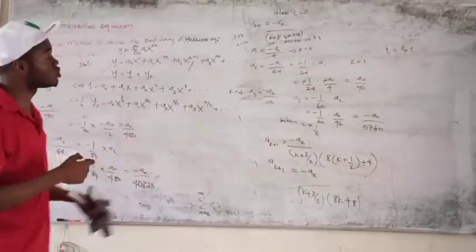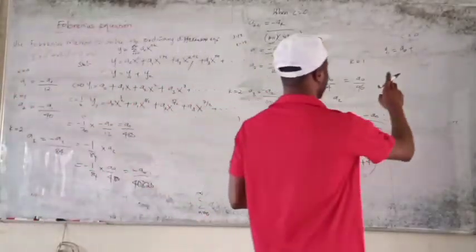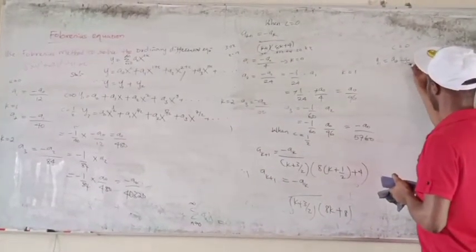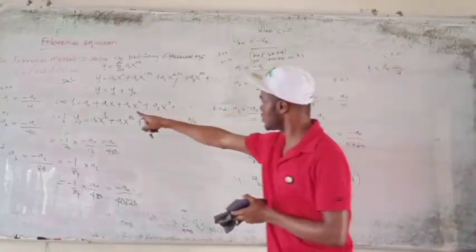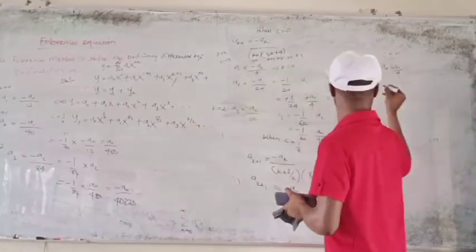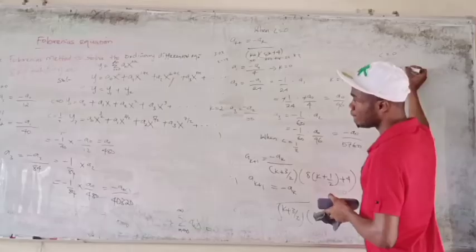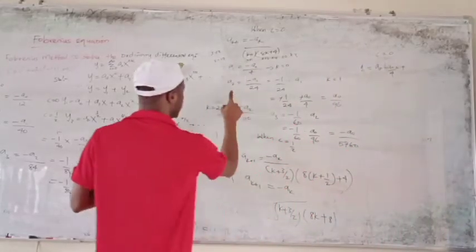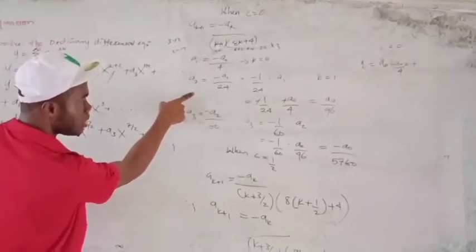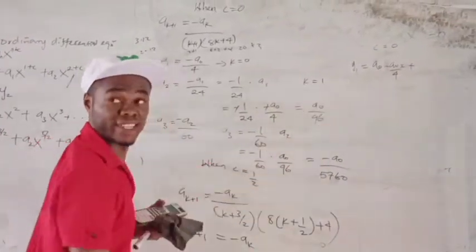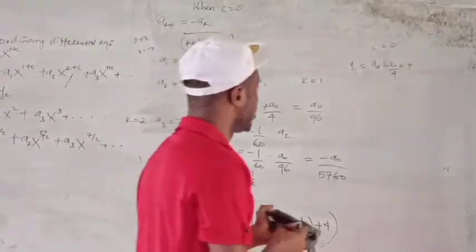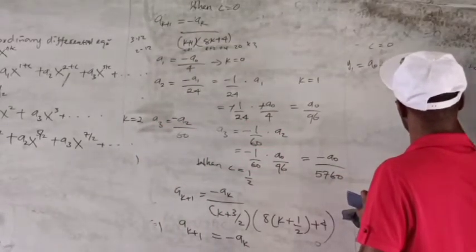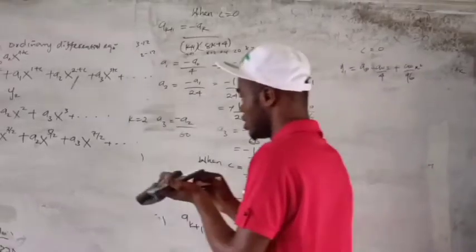So I have minus a0/4 x, plus a2, which is a0/96, so a0/96 x squared, because this is my a2.